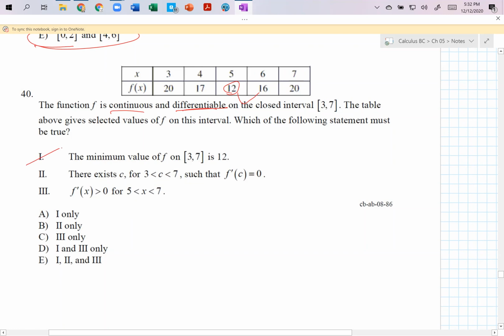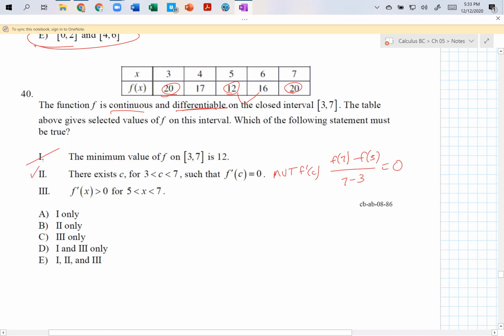There exists a c from 3 to 7 such that f prime of c is equal to 0. Well, the mean value theorem does play in here. And if I look at f of 7 minus f of 3 over 7 minus 3, you can see that those two values are equal. So that equals a 0. So I think there is an f prime in that interval that's equal to 0.